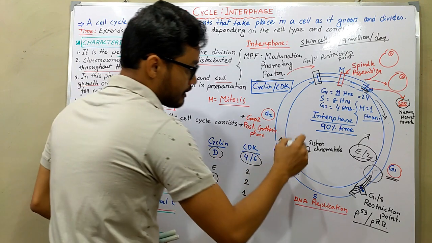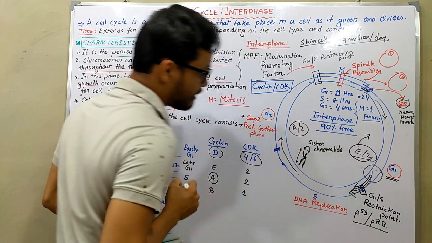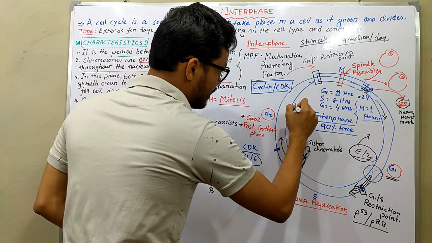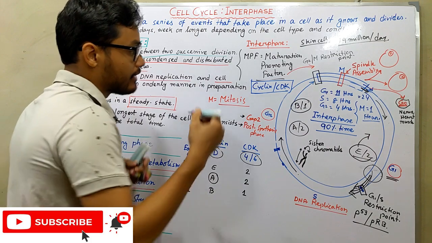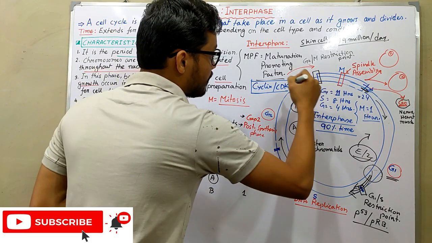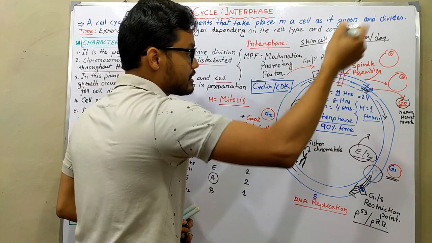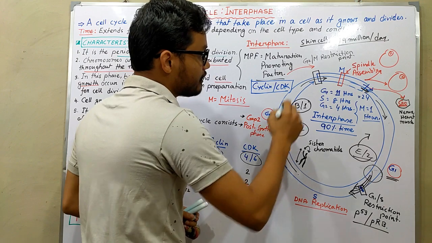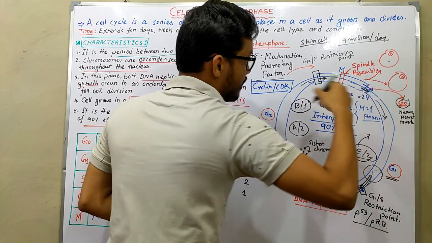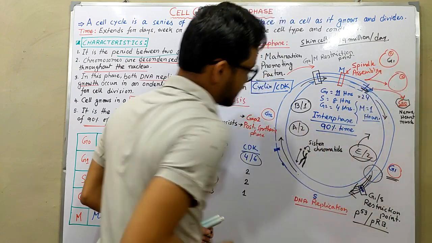The cyclin A CDK2 complex is degraded and the cyclin B CDK1 complex is made. This complex helps the cell undergo mitosis, and the daughter cell proceeds into the next G1 of the cell cycle.